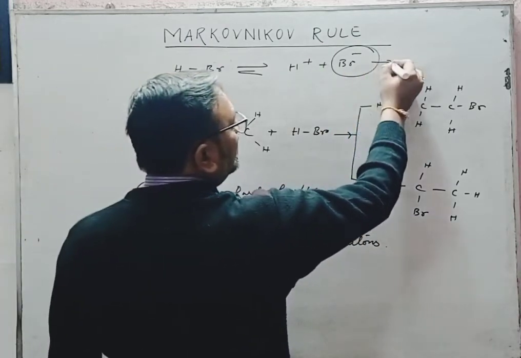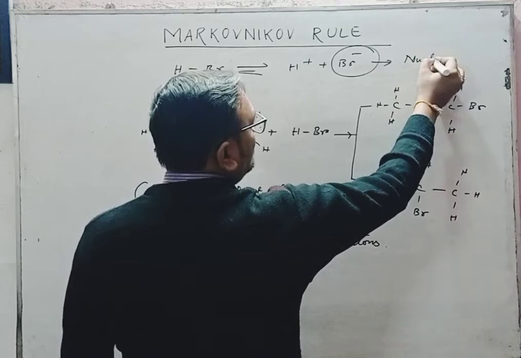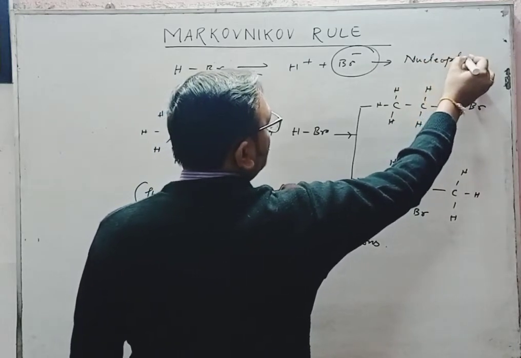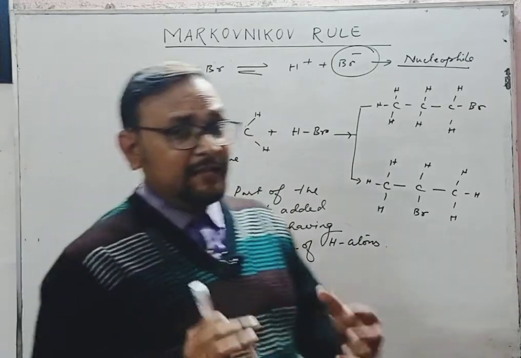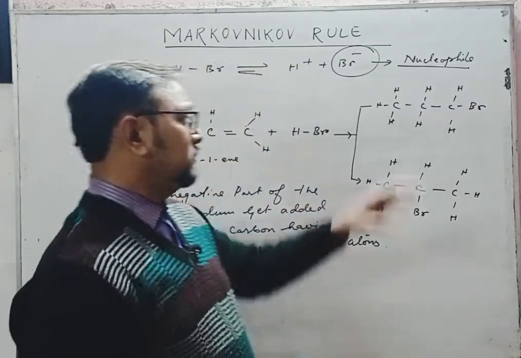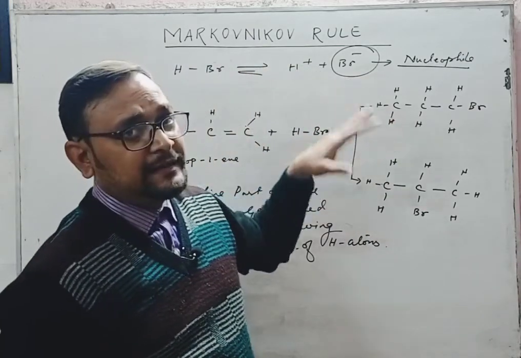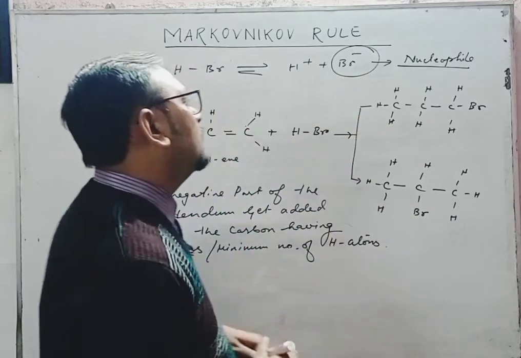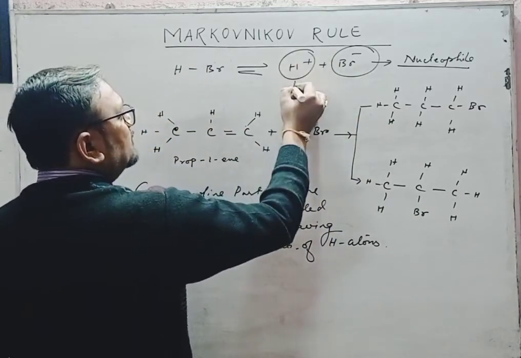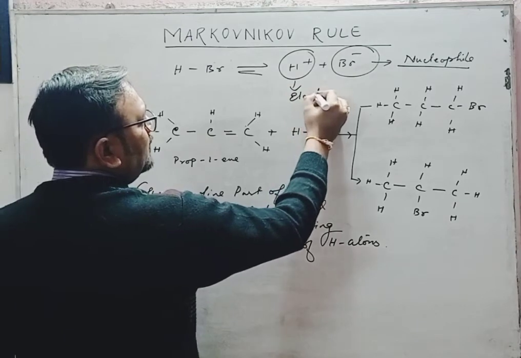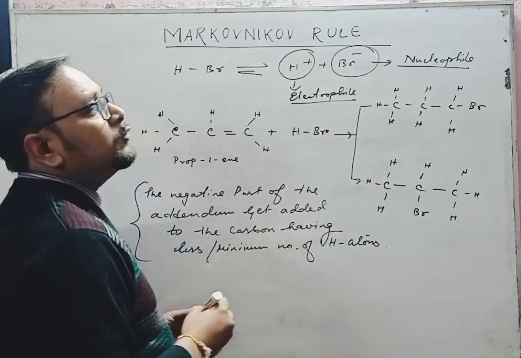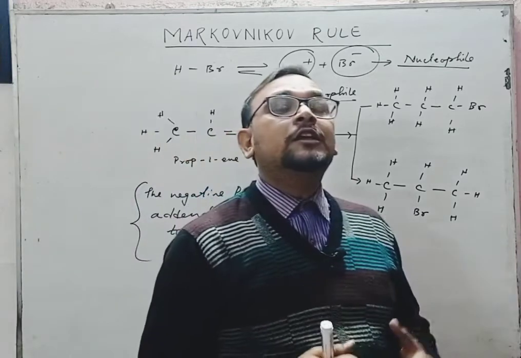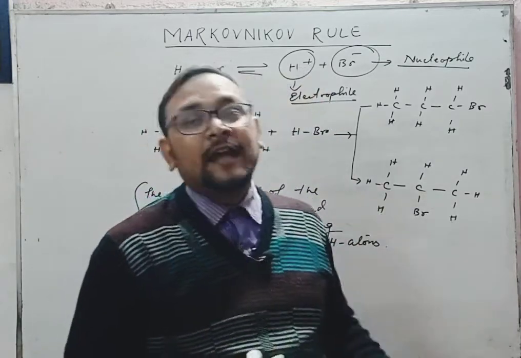Now what is the role of the negative part? It acts as a nucleophile. You have already learned the basic chemistry, so it is known as nucleophile, right? Because it has a negative charge. So they act as a nucleophile, whereas these act as an electrophile, right? What is a nucleophile? Nucleo means getting attracted to the nucleus.